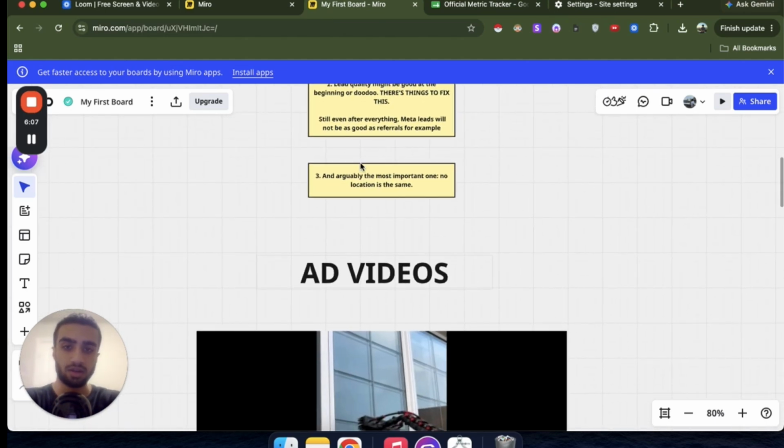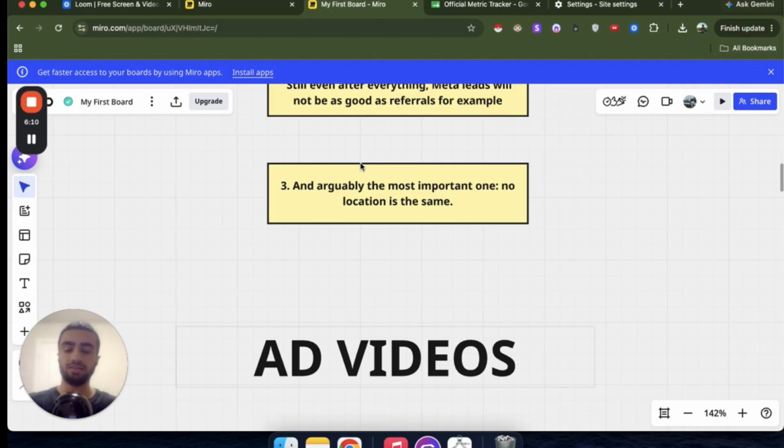And then arguably the most important one. A lot of you guys have probably seen results with Meta ads on TikTok or Instagram from other window cleaners, but no location is the same, okay? My results are not the same as someone else's in the Midwest, and their results are not going to be the same as someone in Florida.